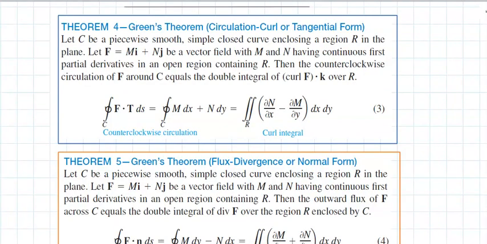And now the core of this section, Green's theorem. There are 2 of them, one for circulation, one for flux. We did those already, except we did it the long way. Let's figure out what this is saying. Let C be a piecewise smooth, simple, I mentioned that's going to happen all the time, and here's the key, closed curve enclosing a region R in the plane.